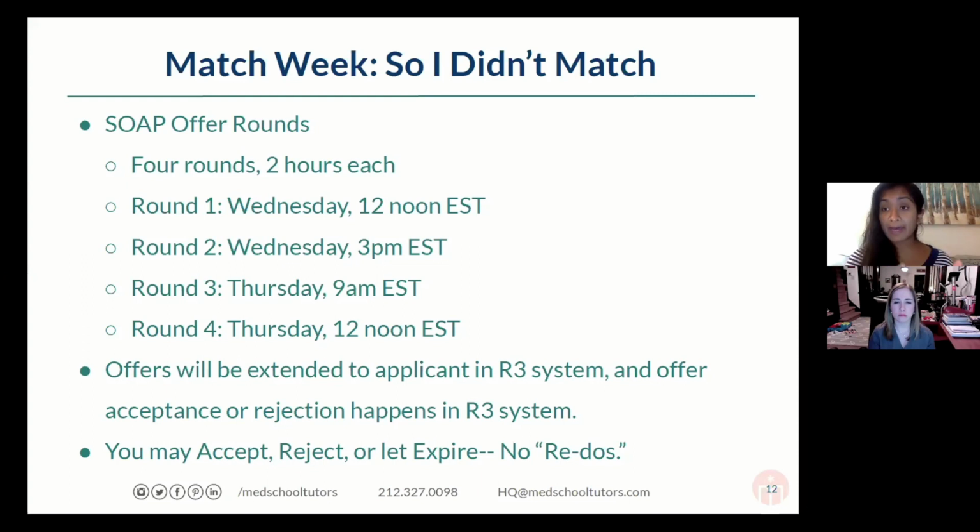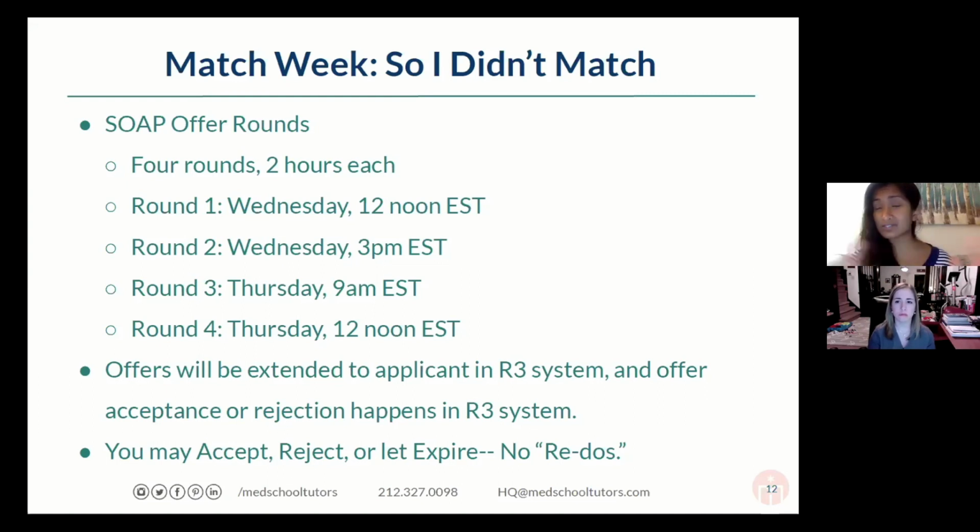So at that point, you will receive an offer or you won't receive an offer, and you have 2 hours to accept or reject that offer. It's a very quick and abbreviated process, but it's not a match per se. You get an offer and you can either choose to accept or reject it based on your interest, or it expires.